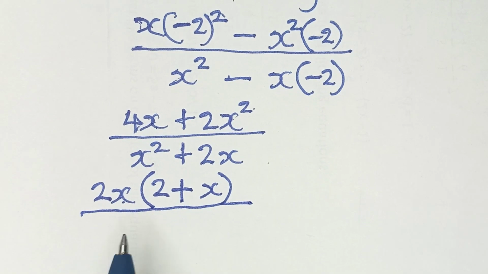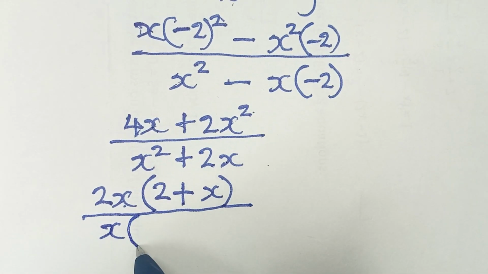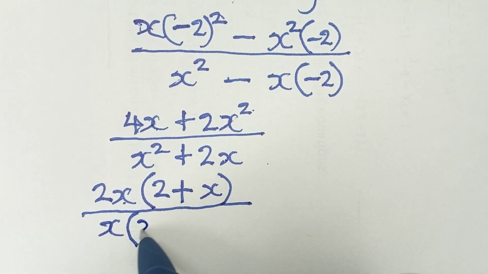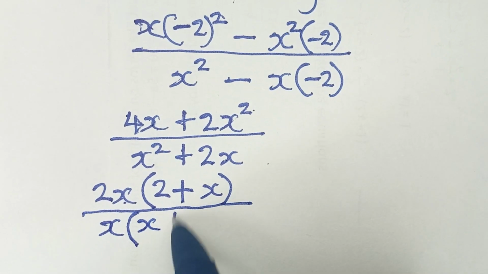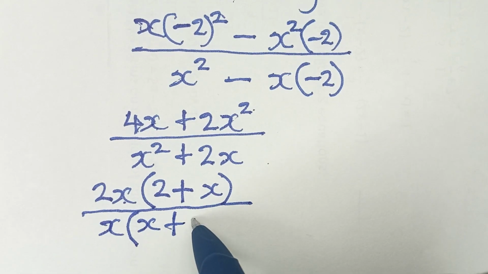Now the denominator is x squared plus 2x. What is common there between these two is simply x. That is what is common. Then brackets open. x squared divided by x will be left with x. And then plus 2x divided by x will be left with 2.